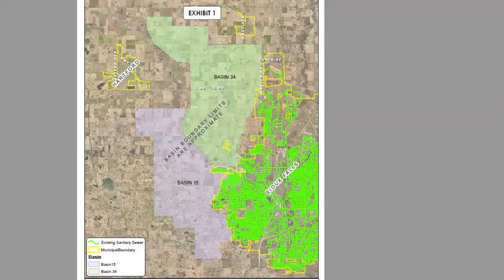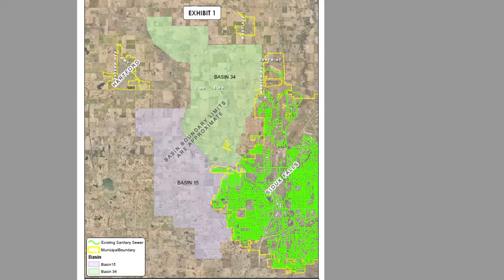Exhibit 1 shown here shows the Basin 15 and Basin 34 100-year service boundaries and areas that were developed in the 2016 master plan. Basin 15 shown in purple below, Basin 34 shown above.